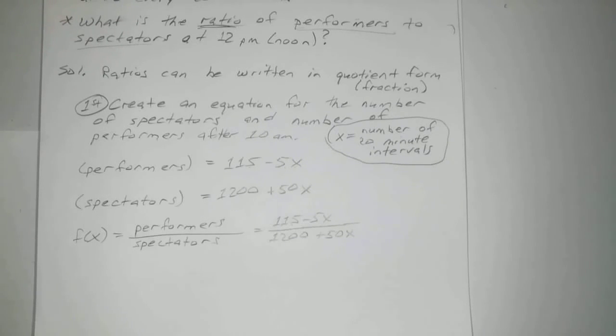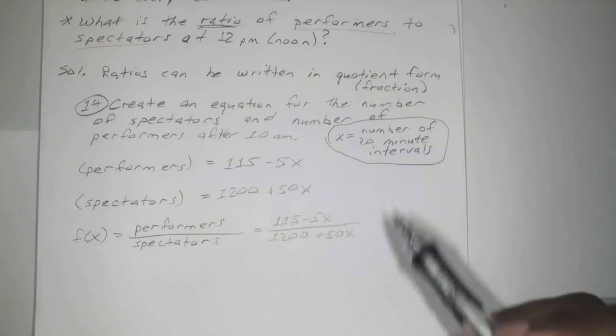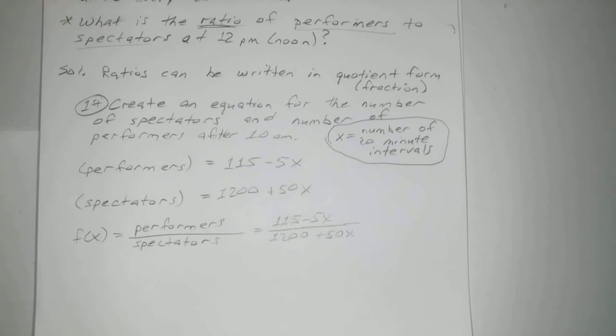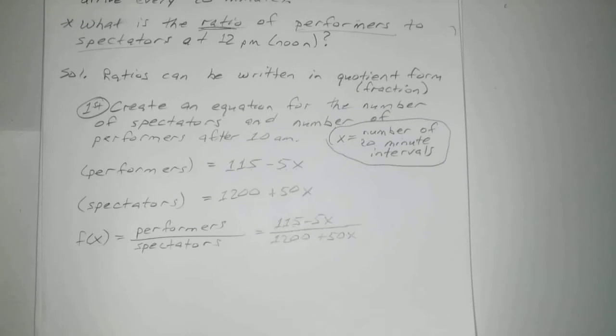So if you think about the number of 20-minute intervals from 10 to noon, you have 3 20-minute intervals from 10 to 11. Then you have another 3 20-minute intervals from 11 to 12. So from 10 to noon, you have 6 20-minute chunks. Does that make sense? So you just make your x equal 6. That's how many 20-minute intervals you have.